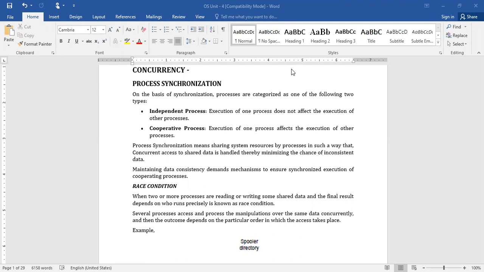when more than one process wants to access the same data, just imagine we have an e-library, for example, where a number of books are available in digital format.